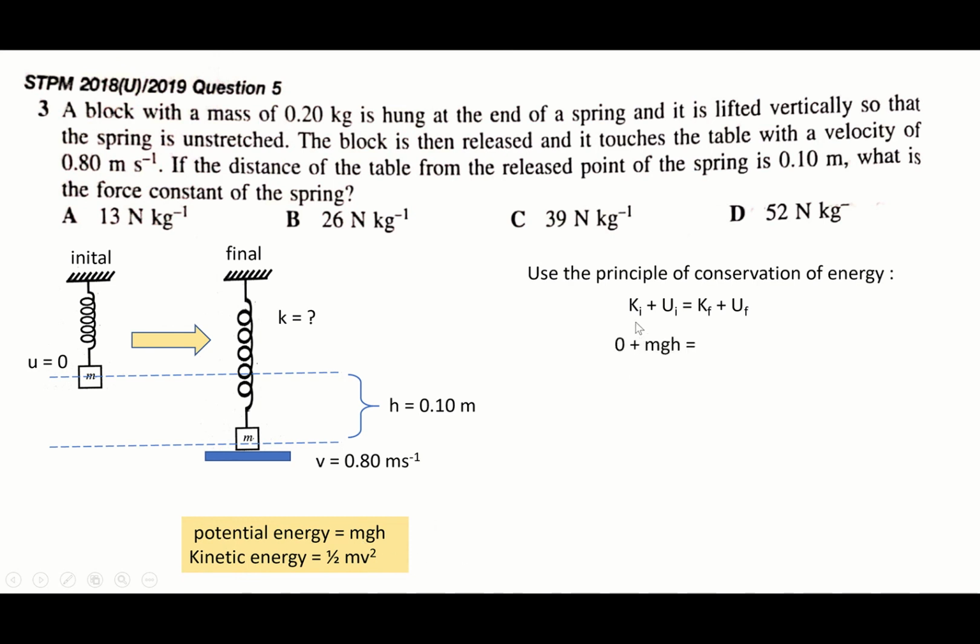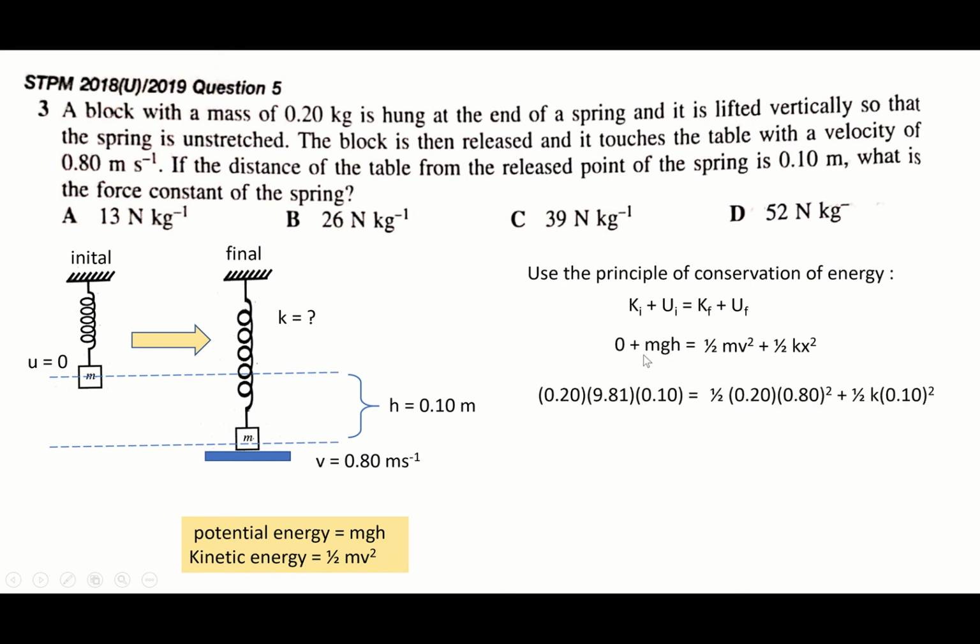Initial kinetic energy is 0 because the initial velocity u is 0. Potential energy initially is mgh, where h is 0.10, and the final kinetic energy is half mv squared, plus the potential energy from the spring, half kx squared.